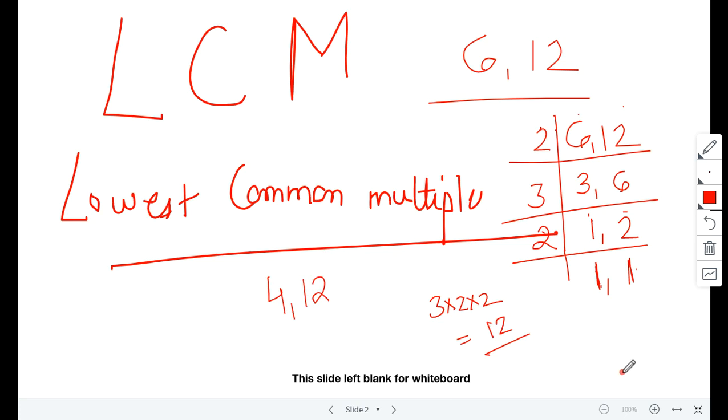There's another method also to calculate, but try this one first. Calculate what's the LCM of 4 and 12.